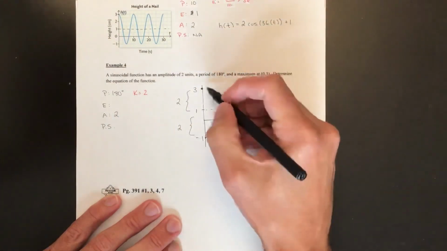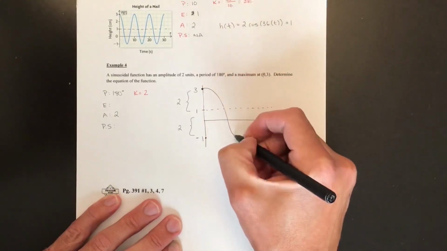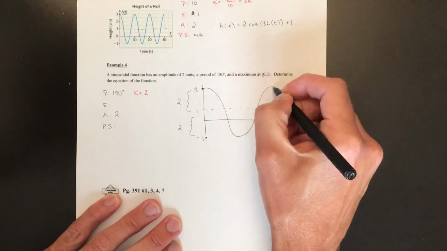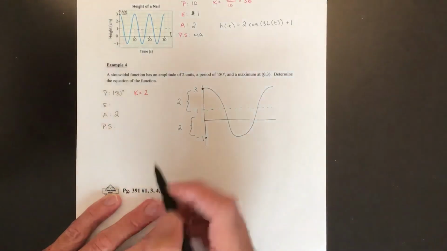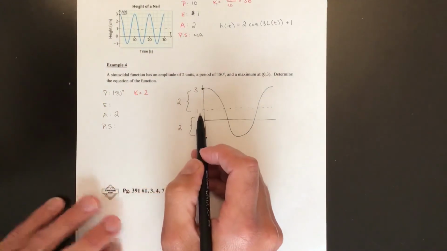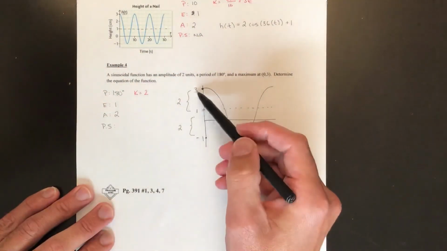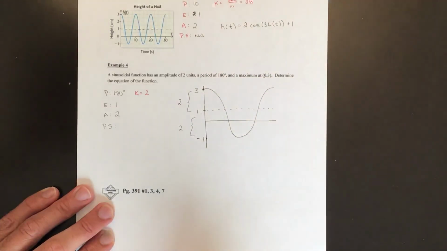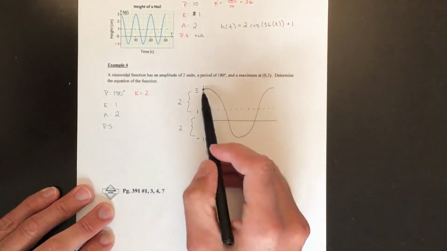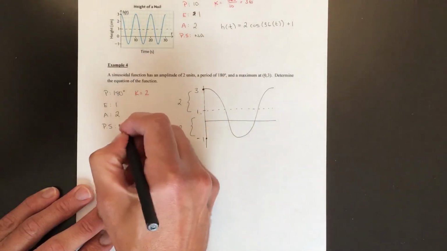And because my first point here is a maximum, I know it's going to be a cos curve, and it's going to look something like this. So my equation of the axis is at 1, because I took the maximum point, subtract the amplitude to get the equation of the axis. And because I'm starting at the y-axis again, there's no phase shift.